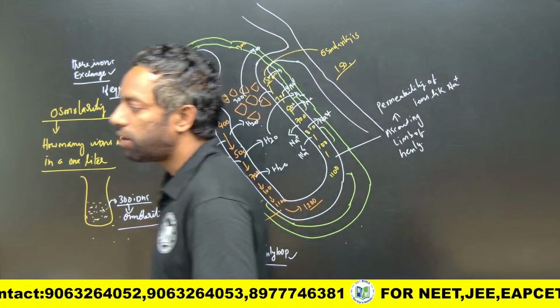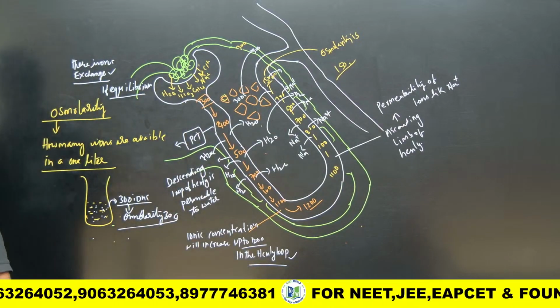In the ascending limb of Henle, the osmolarity is 150.